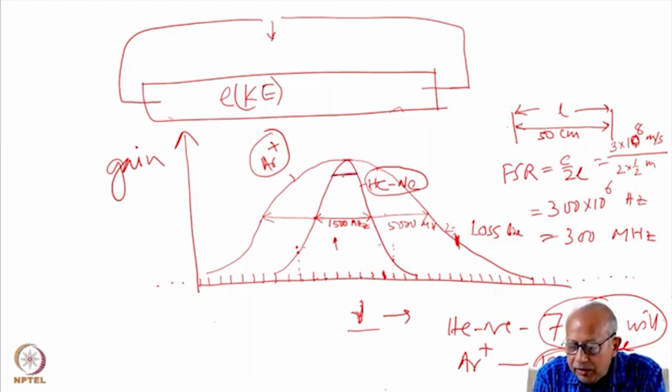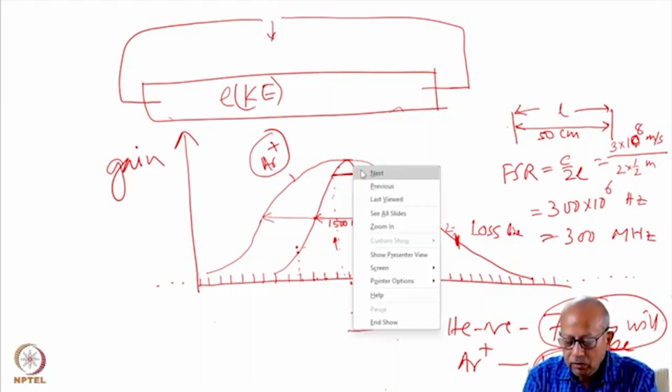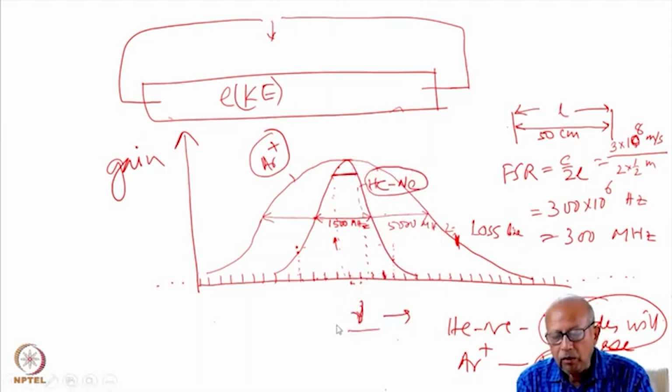You can see for this much lasing window, for helium neon laser, now only modes 1 and 2 will have gain exceeding loss. The other modes will be out of lasing because for them the loss becomes more than gain.